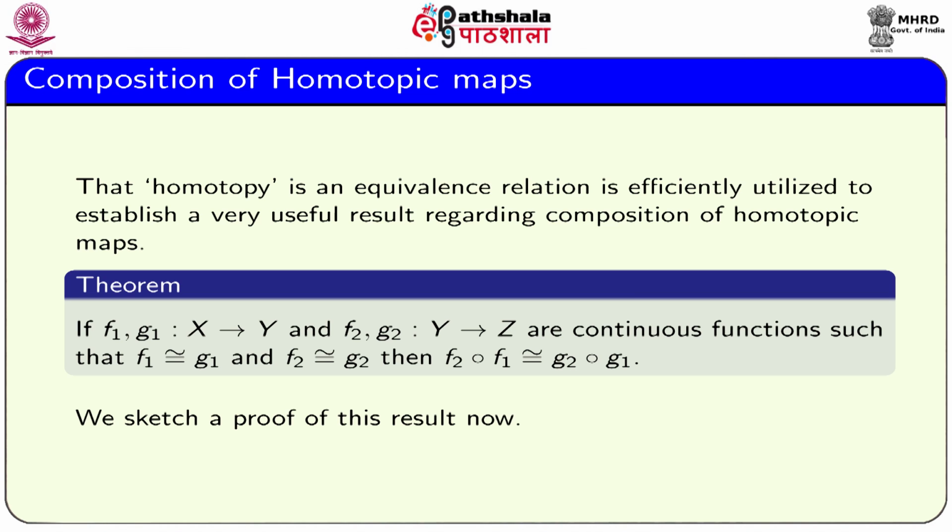And also a pair of functions f2 and g2 are given from Y to Z, and it is known that f2 and g2 are homotopic. Then the result says that if we compose the function f2 with f1 and compose the function g2 with g1, we are going to get homotopic functions. That means f2 composed f1 will be homotopic to g2 composed g1. We sketch a proof of this result now.